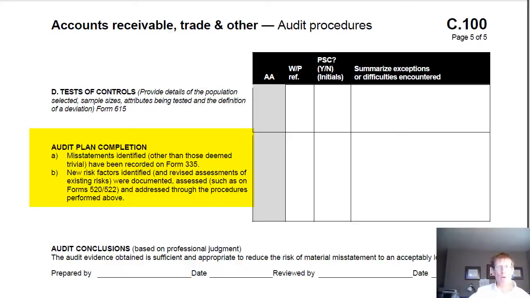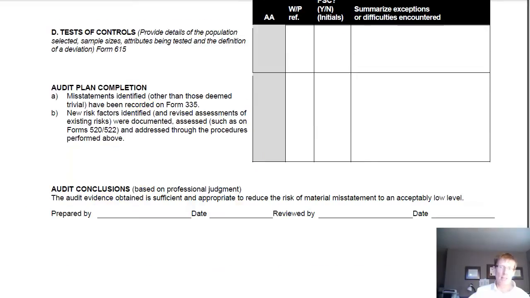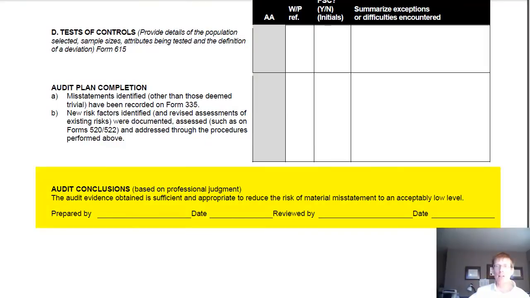Basically, we're going to be summarizing any misstatements that we identified in this section of the file, and any new risk factors that came to light as a result of our work in this area. At the bottom of the worksheet, it asks for the auditors to document their audit conclusions based on professional judgment, so the audit evidence obtained is sufficient and appropriate to reduce the risk of material misstatement to an acceptably low level. And again, it will be signed off by the preparer and then by our reviewer later on.